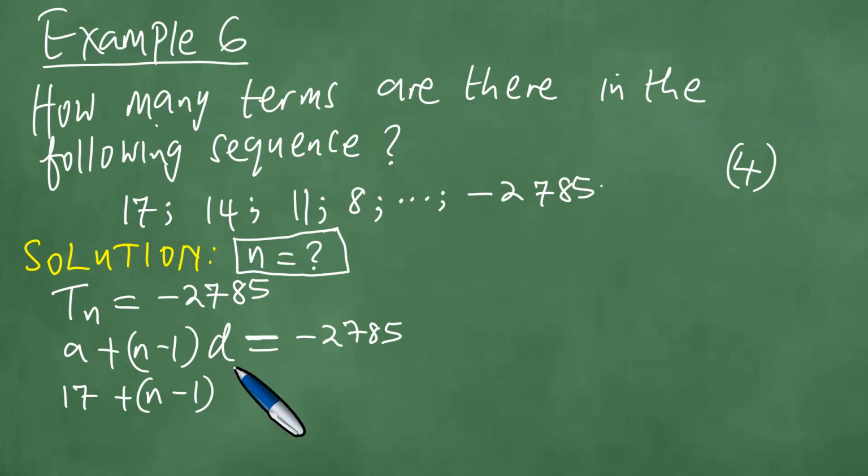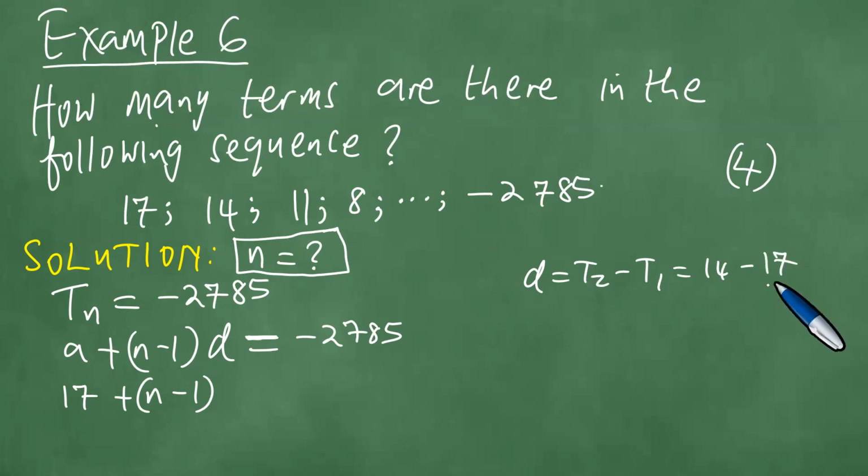Then we're asking, what is the common difference here? To get the common difference, we say T2 minus T1. T2 is 14, T1 is 17. What is 14 minus 17? Minus 3.